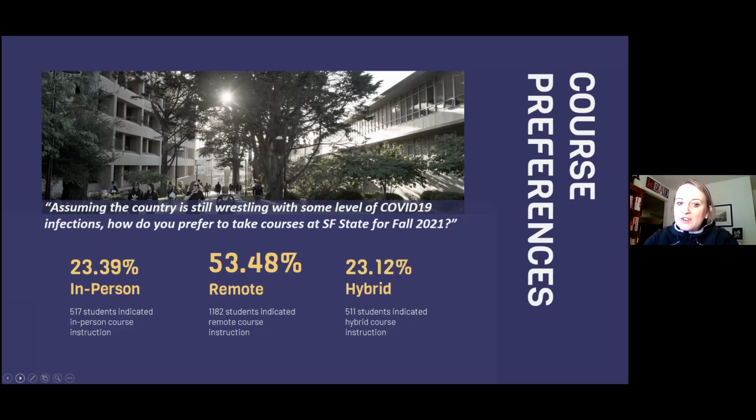We saw very similar numbers. About 50% were very comfortable in a remote capacity, and about 20% wanted a hybrid capacity. I don't know how this has shifted in 6 weeks, but 6 weeks ago, that's where our students felt most comfortable for fall 2021.